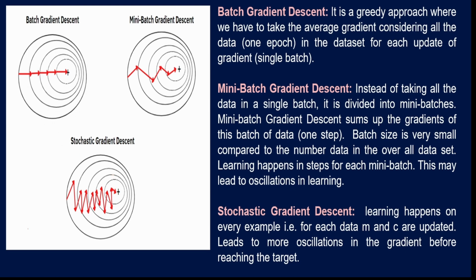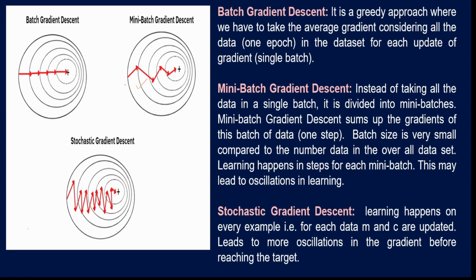In another case, all the data points, the single batch or one epoch, is divided into mini batches, that is steps. The average gradient is taken for each mini batch and the m and c values are updated for each mini batch or step.